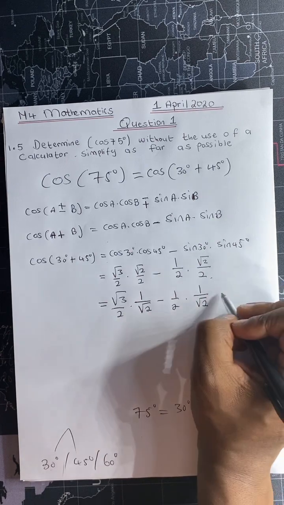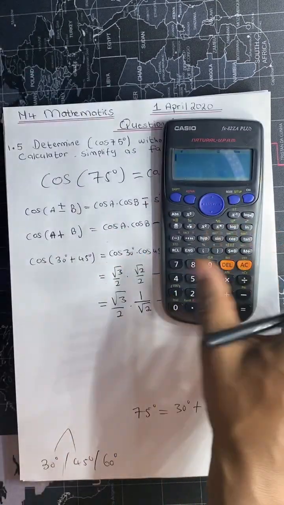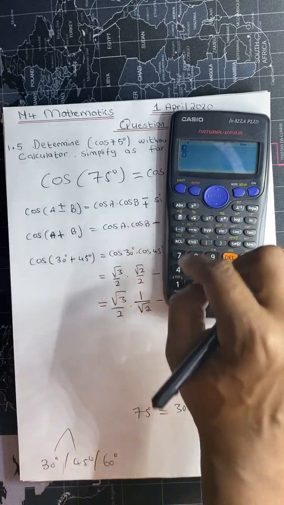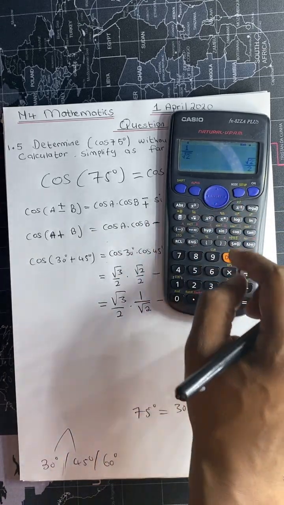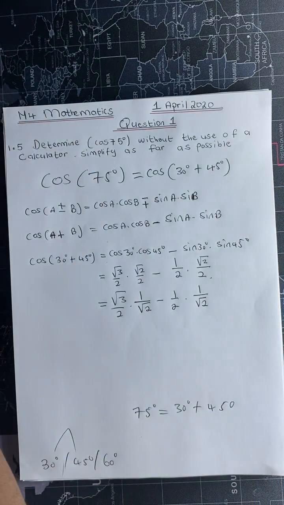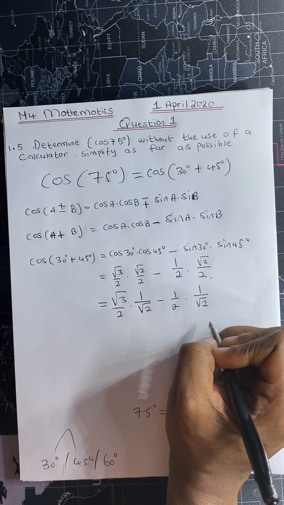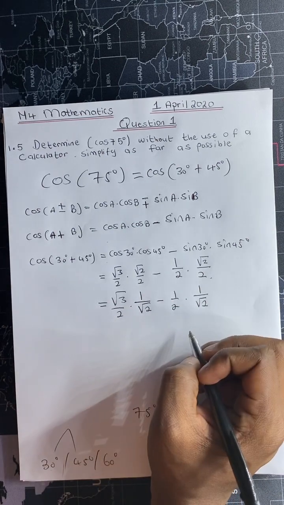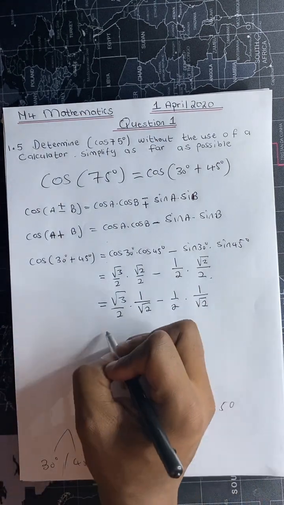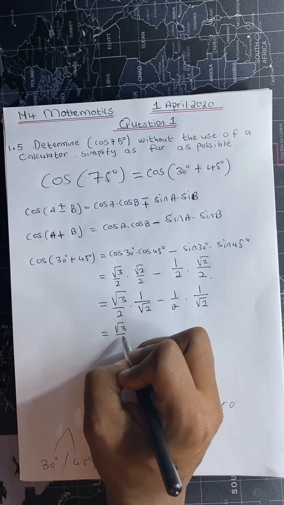So on our triangle, it's written like this, but on our calculator, it's written as the square root of 2 over 2. What the calculator did was rationalize this square root, but on the special angle triangle, these things are not rationalized, so we have to rationalize them ourselves.